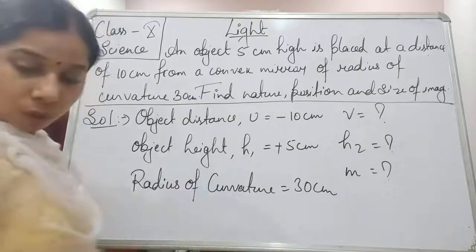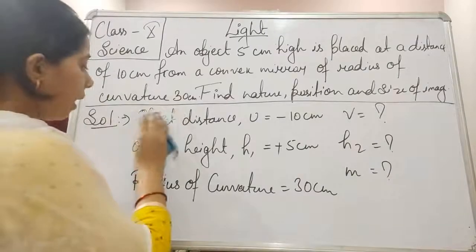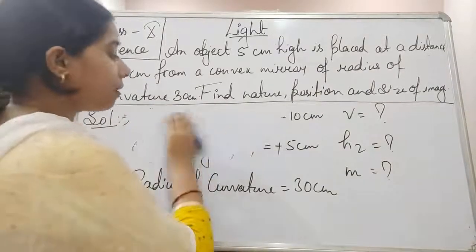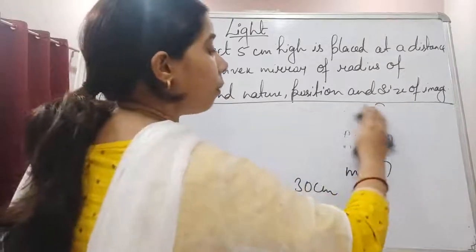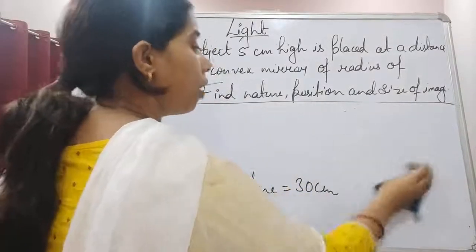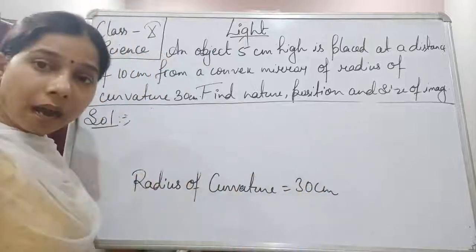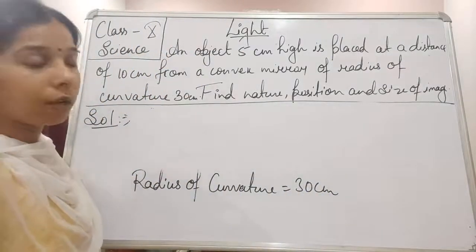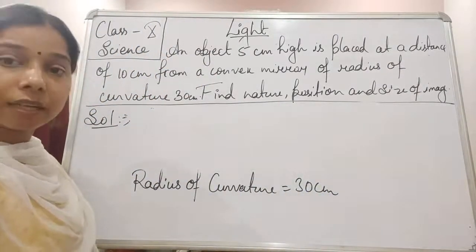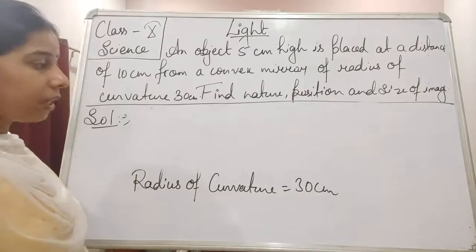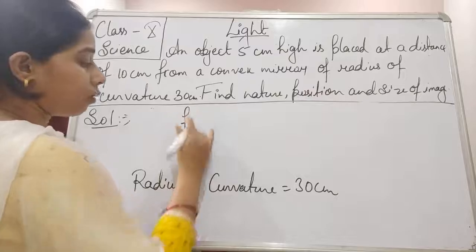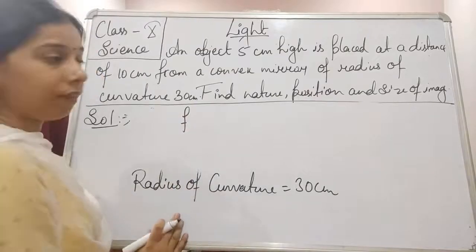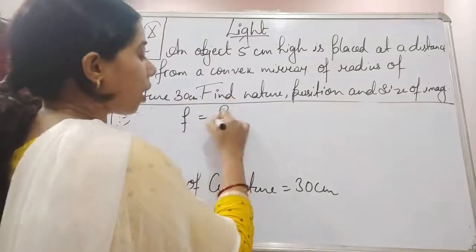Now you see here, students, the radius of curvature. Remember, when we started with the concave mirrors, to understand the rules we saw a formula in which f is related to the radius of curvature, that is f equals R by 2.